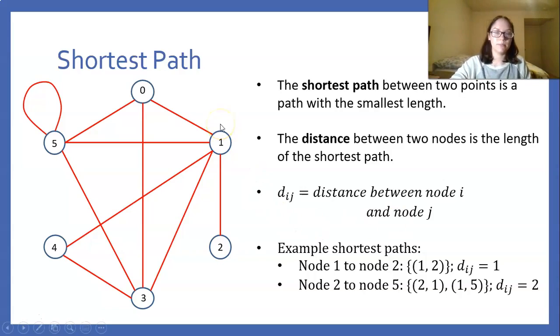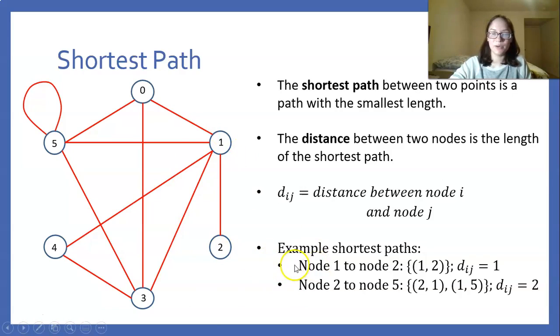So for example, we can look at getting from node 1 to node 3. Oh, no, I'm sorry. Actually scratch that. I didn't say anything. We'll just look at these shortest paths real fast.